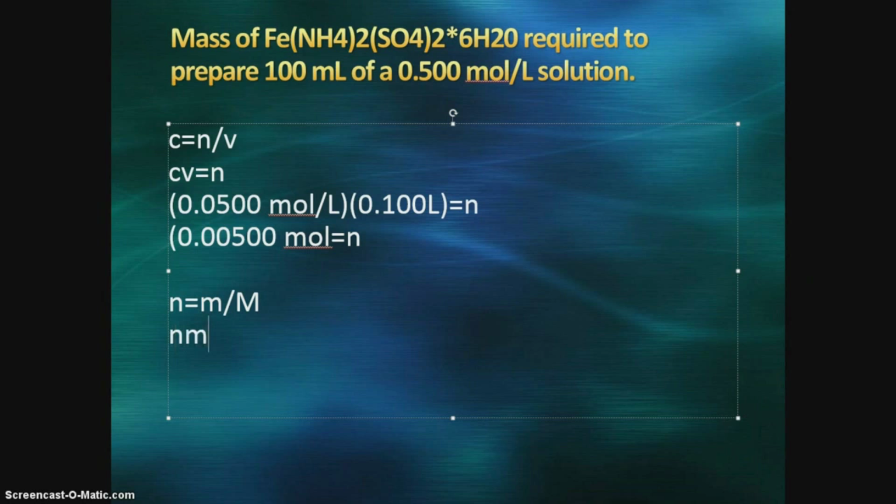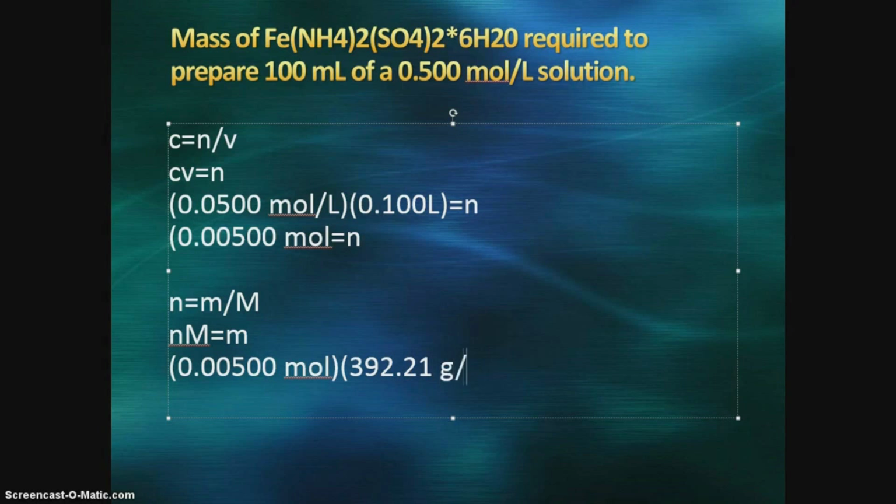In order to convert that to mass, we multiply the number of moles by the molar mass of iron 2 ammonium sulfate hexahydrate, which is 392.21 grams per mole. By doing that, we get that 1.96 grams of iron 2 ammonium sulfate hexahydrate are required to prepare 100 milliliters of 0.05 mole per liter solution.